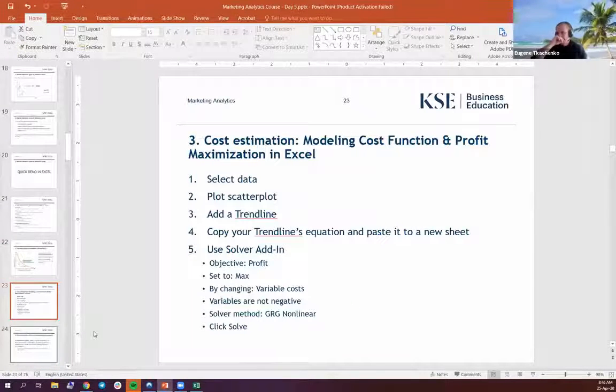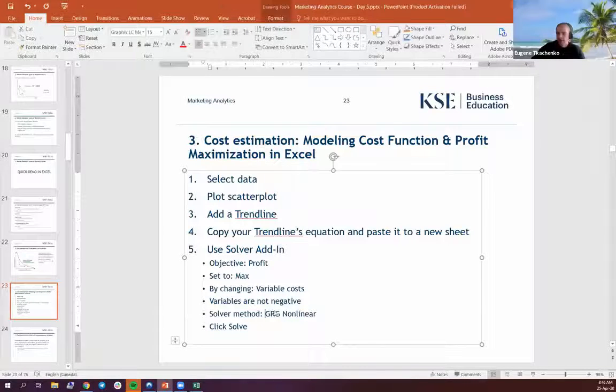So again, there are some handy functions on how we can maximize and model our costs, and the profit maximization in Excel is basically just the way I showed you. So I just put some instructions. If you guys want, you can play in your spare time. But again, you're not limited to those. Just one thing to consider, remember about the solver method.